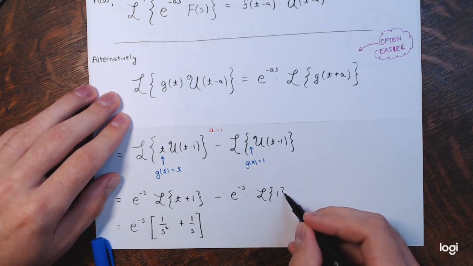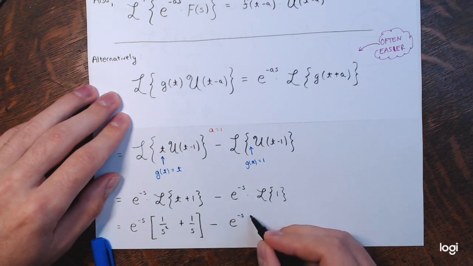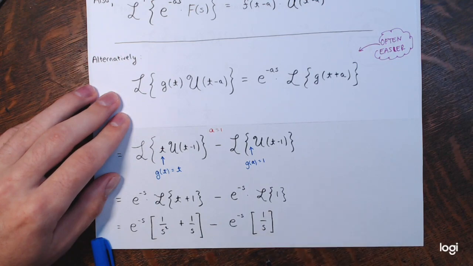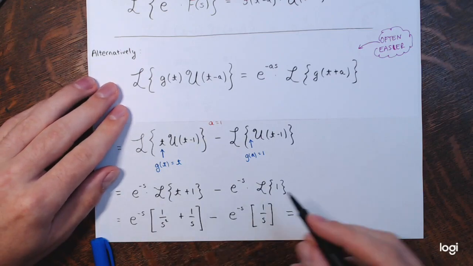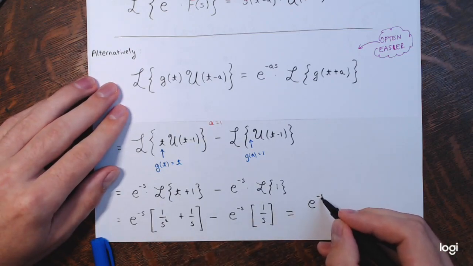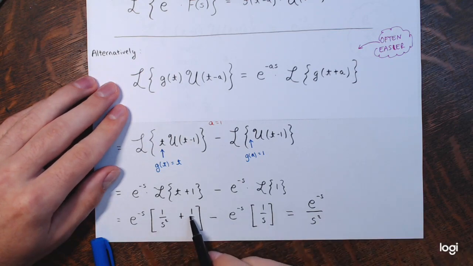That's a constant, right? So we have minus e to the negative s times 1 over s. Well, after distributing and simplifying, we'd have e to the negative s over s squared, and then plus e to the negative s over s minus e to the negative s over s.